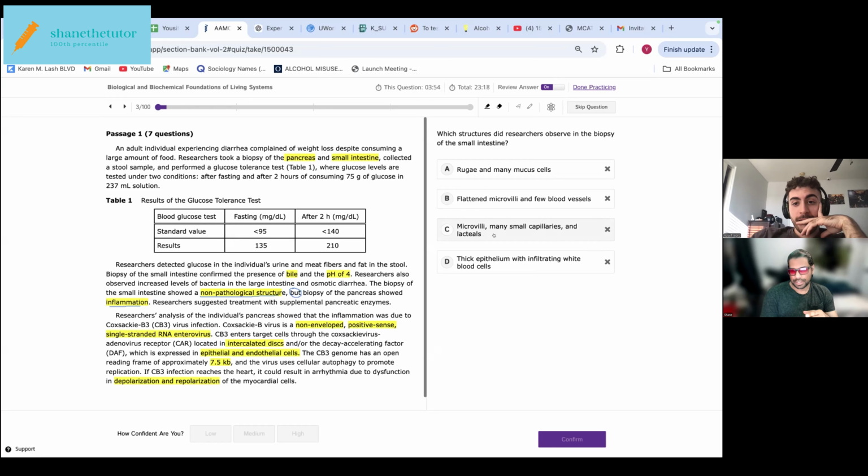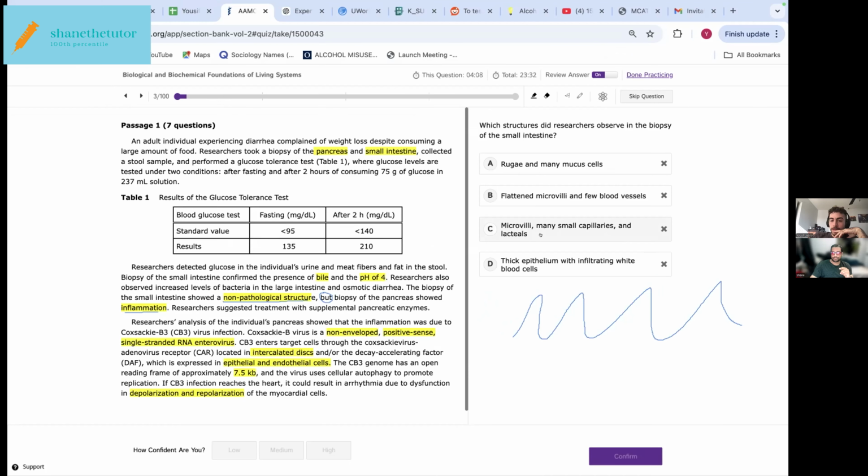Because your microvilli will be things like this, right? Kind of like the brush border cells. So is this one for D? It says infiltrating white blood cells. Does that mean you have too many white blood cells?